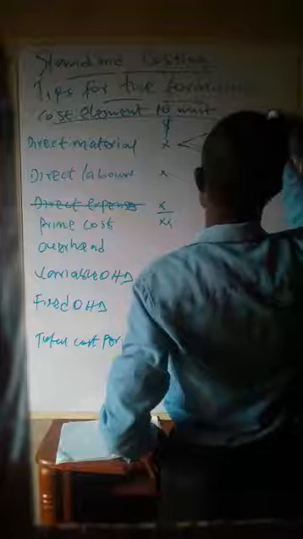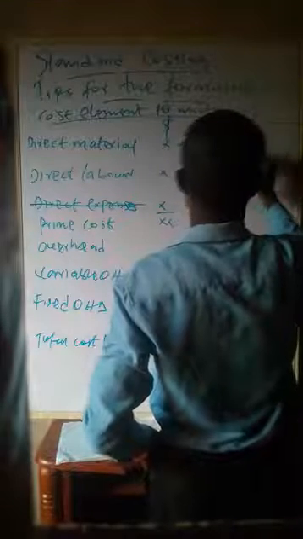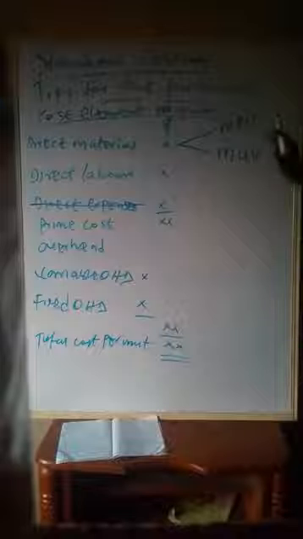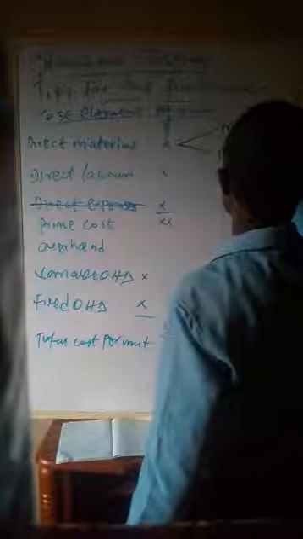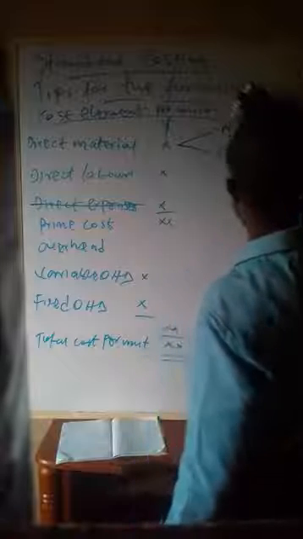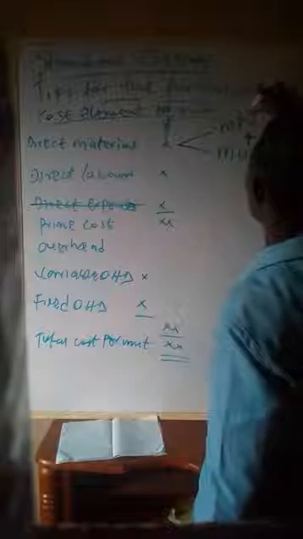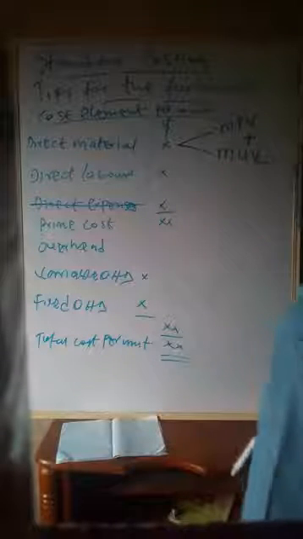M stands for material, P stands for price, V stands for variance; M, material, usage, variance.